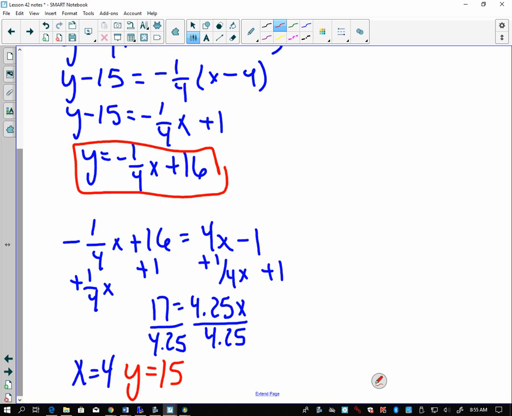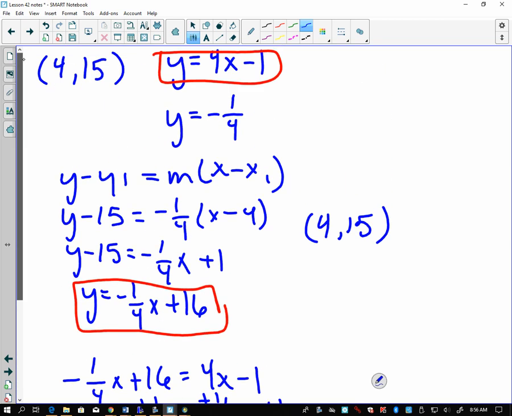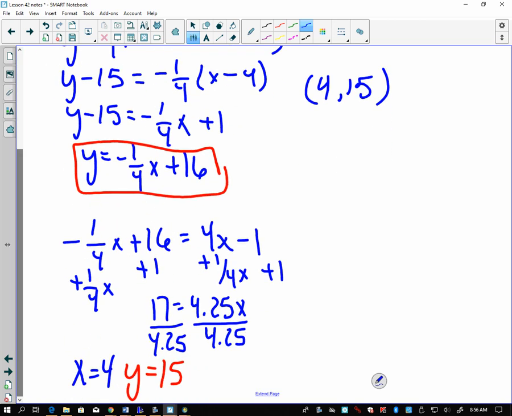The final step is that we need to find the distance between 4, 15 and 4, 15. So the distance is 0, and that's the answer. There's no distance between 4, 15 and 4, 15. So that worked out really nice, right?